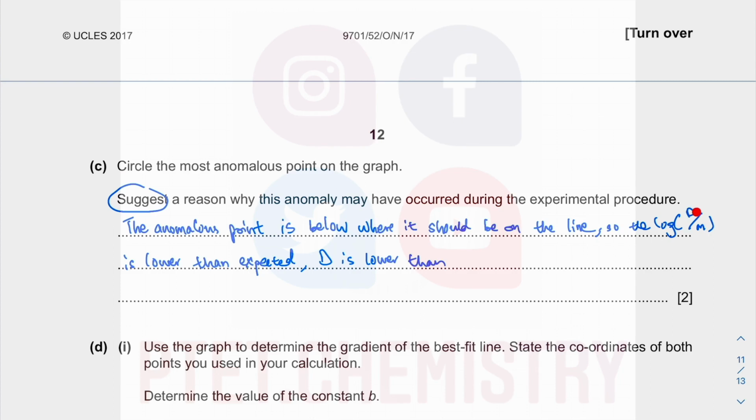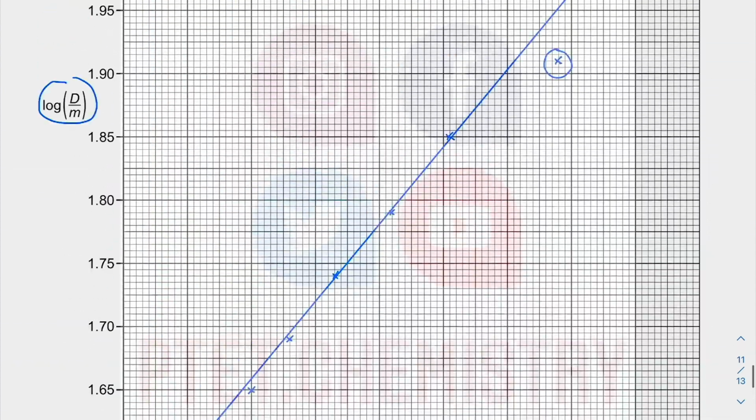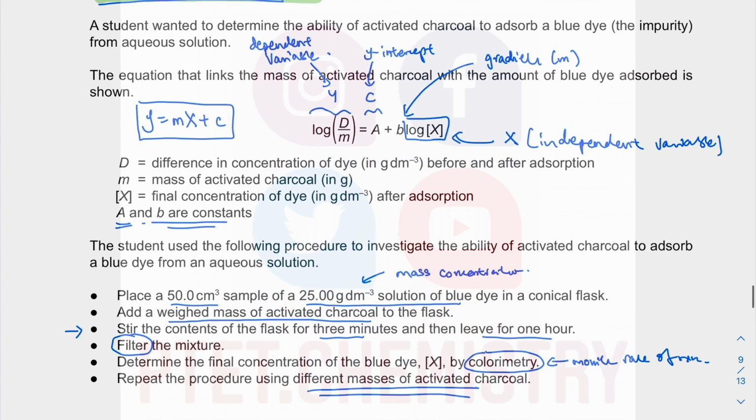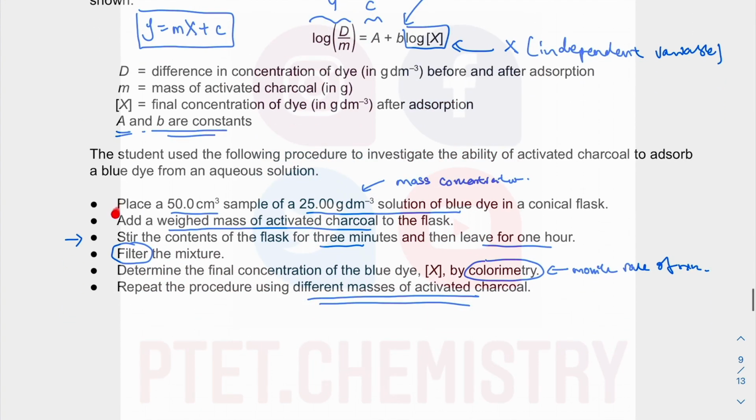I'm just focusing on the d. Of course, you can focus on the m as well. What was d again? Gotta check back on the original thing. Even I forget about the d. The d is the difference in concentration before and after adsorption. So if d is lower than expected, it's got to do with one of these steps. And I think the most important step here would be here.